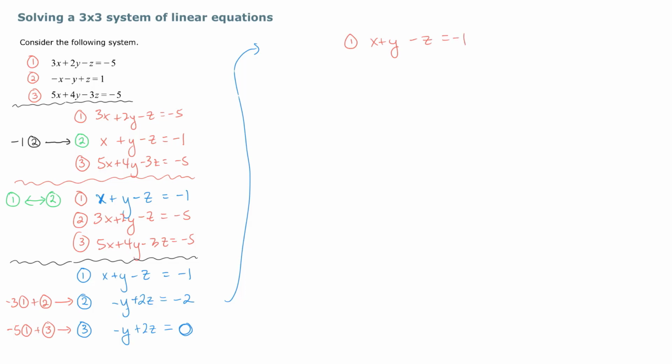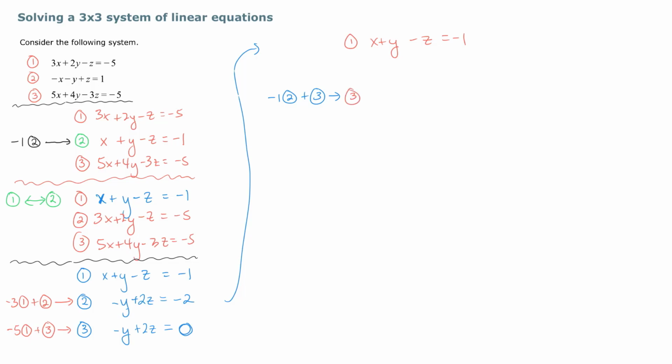Now I'm going to perform a negative 1 times equation 2 and add it to equation 3. I'm going to put that into the new equation 3, relabel it as the new equation 3.